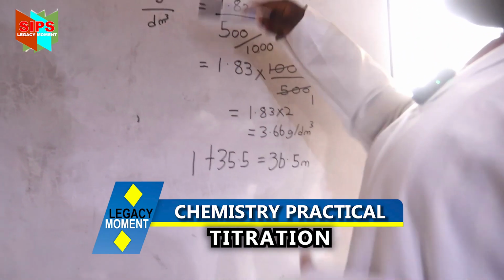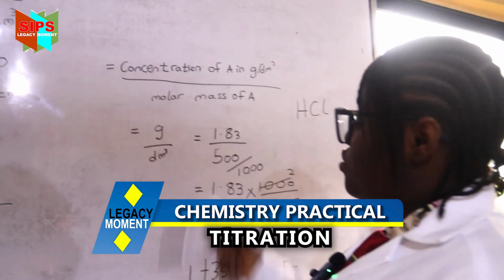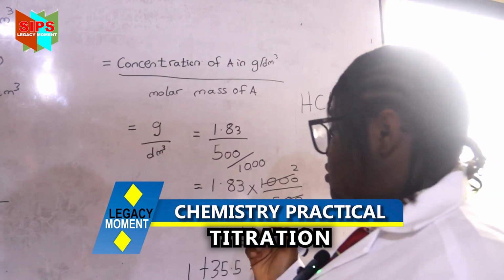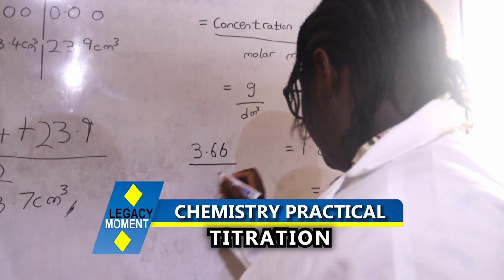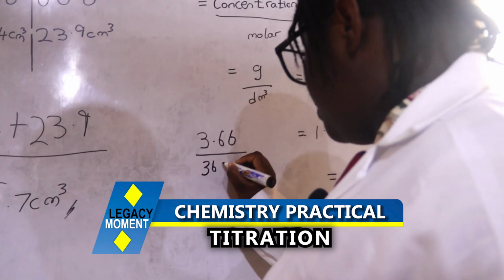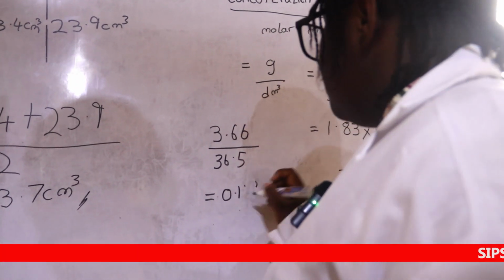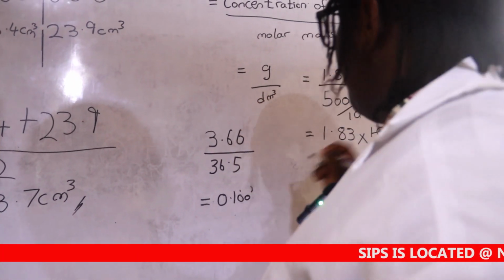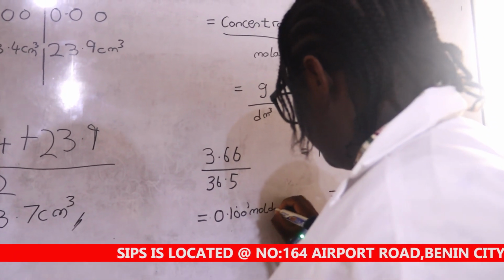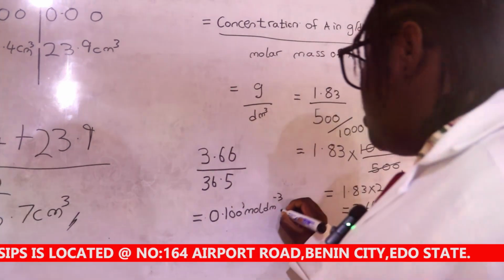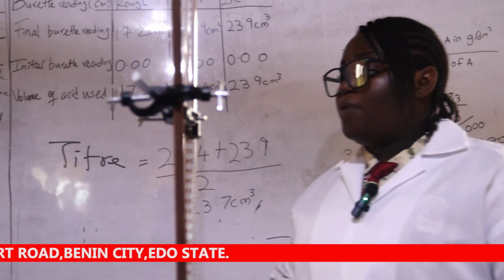So now we have our concentration of A in gram per dm cube and our molar mass of A. Now we divide 3.66 by 36.5, which is equal to 0.1100 mole per dm cube. So we have succeeded in doing the concentration of A in mole per dm cube.